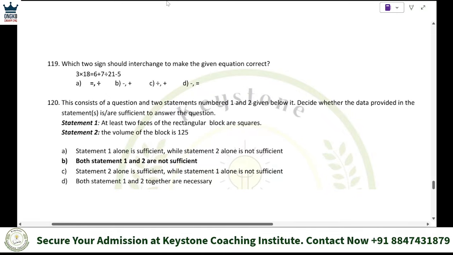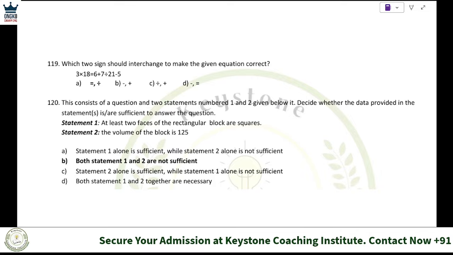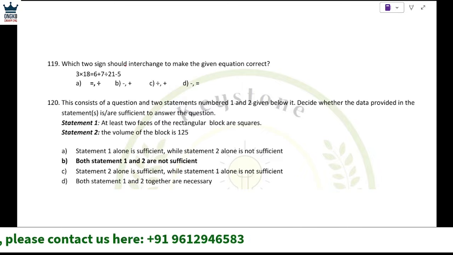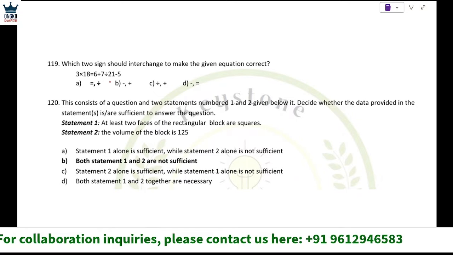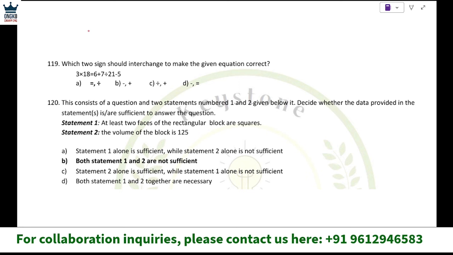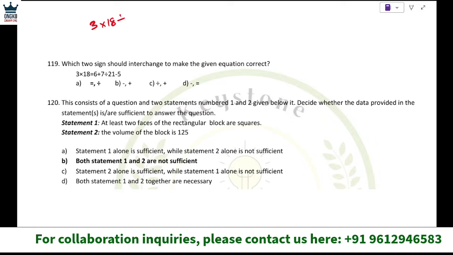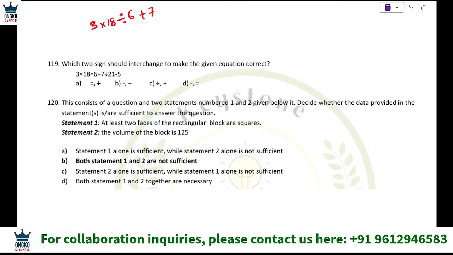Okay, this one is from symbols and notation. Which two signs should interchange to make the given equation correct? So if we interchange equal and division in option A, the answer will be correct. So 3 into 18 divided by 6 plus 7 equal to 21 minus 5.